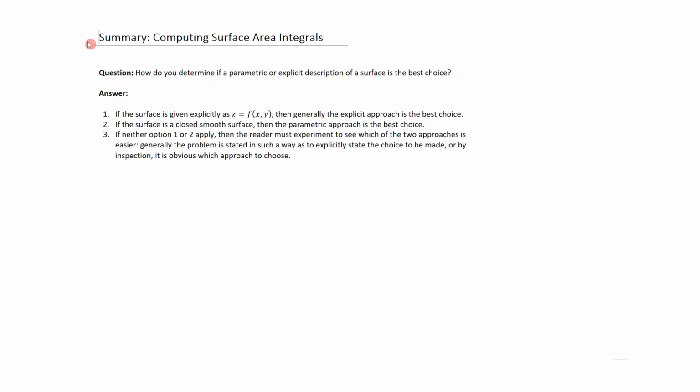You cannot basically parameterize it in one go. And the third option is this: if neither option 1 or 2 apply, the reader must experiment to see which of the 2 approaches is easier. Generally, the problem is stated in such a way as to explicitly state the choice to be made, or by inspection, it is obvious which approach to choose.